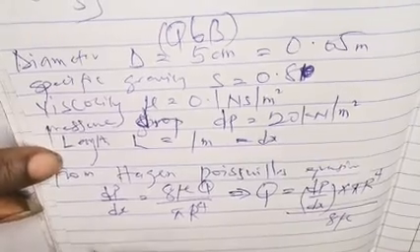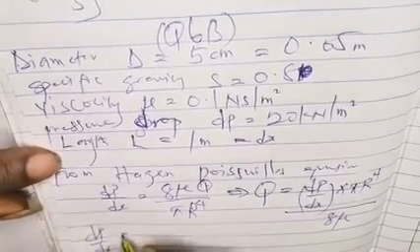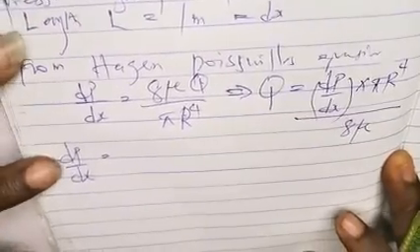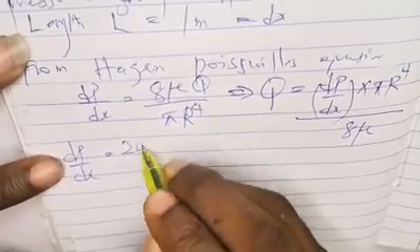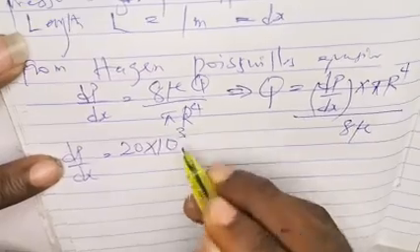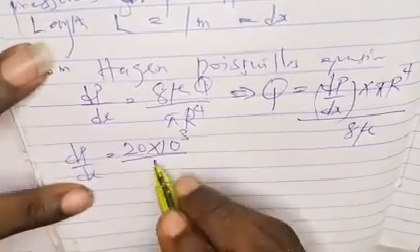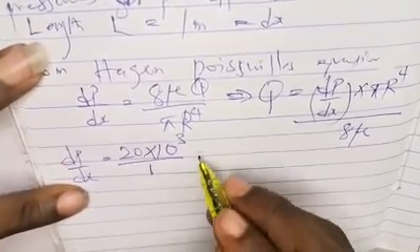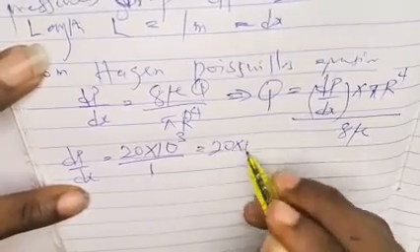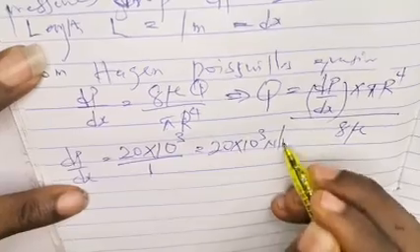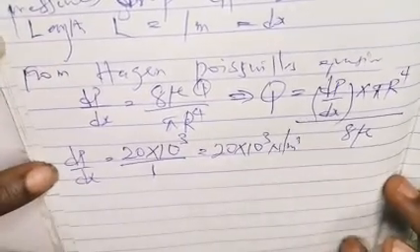But then let's compute it here. The P over x is equal to 20 kilonewton. Kilo is times 10 to the power of 3, and length is 1, so it remains 20 times 10 to the power of 3 newtons per meter cube. That gives us the pressure gradient.